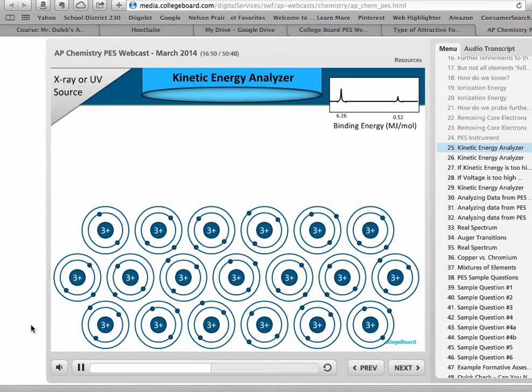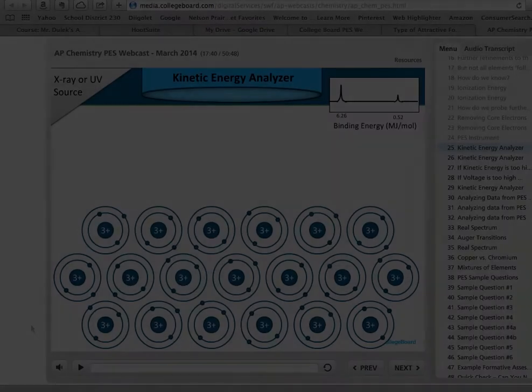If you look at this valence electron, you can see the peak at 0.52 binding energy seems to be amplified for the valence electrons. So one more core electron, you can see the binding energy of 6.26 megajoules per mole gets amplified. And so we see clearly for this atom, and we're obviously looking at lithium here, the binding energy of the core electrons is significantly higher than the binding energy of the valence electrons.